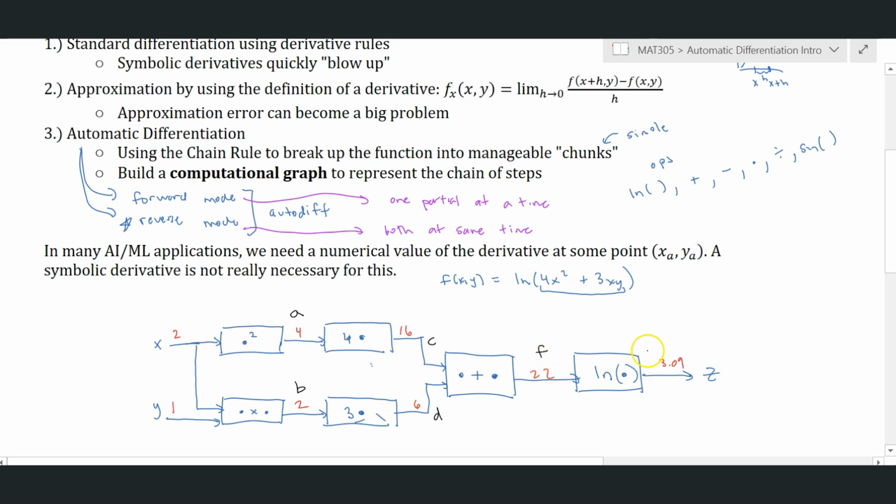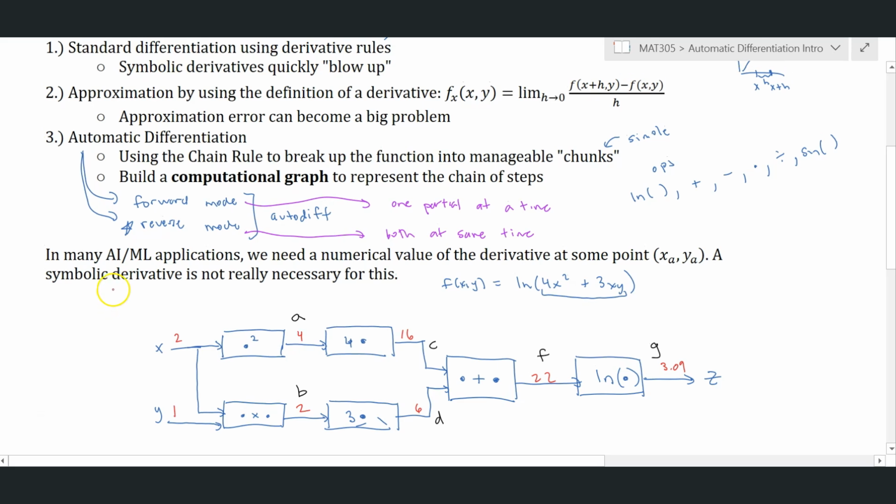And then what comes out of here will be G. Now what we've computed here, this 3.09, notice that that is our function evaluated at an x value of 2 and a y value of 1. Gives us that output of 3.09, or approximately, we should say.